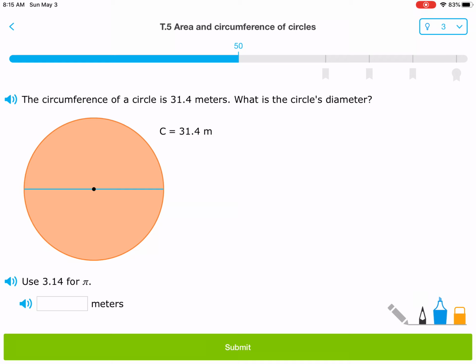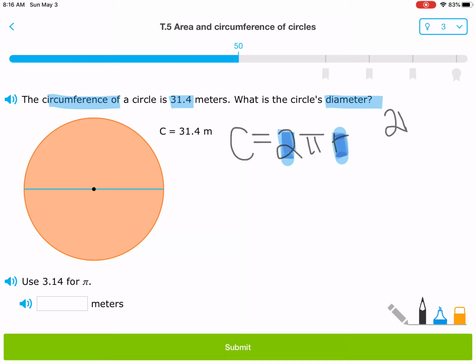The circumference of the circle is 31.4. What is the diameter? Oh, this one's a little tricky. So we know we're using the circumference formula. Circumference equals 2 times pi times the radius, okay? 2 times the radius actually equals what? 2 times the radius is the diameter, because the diameter goes the whole way across, remember?